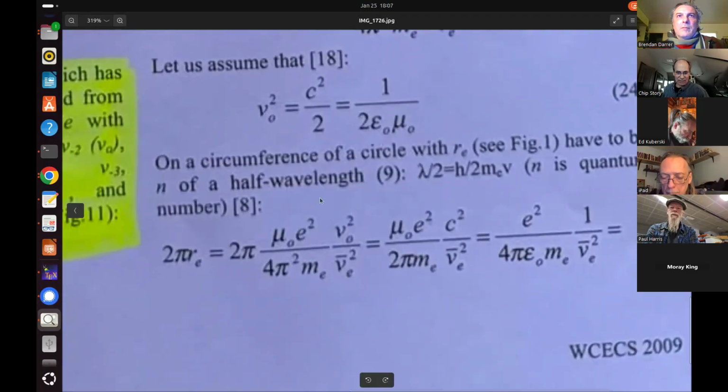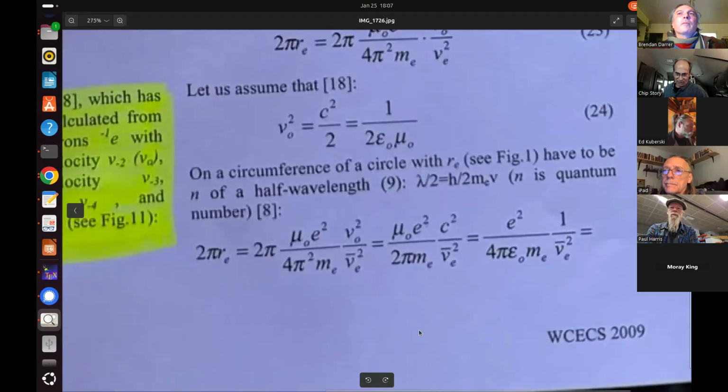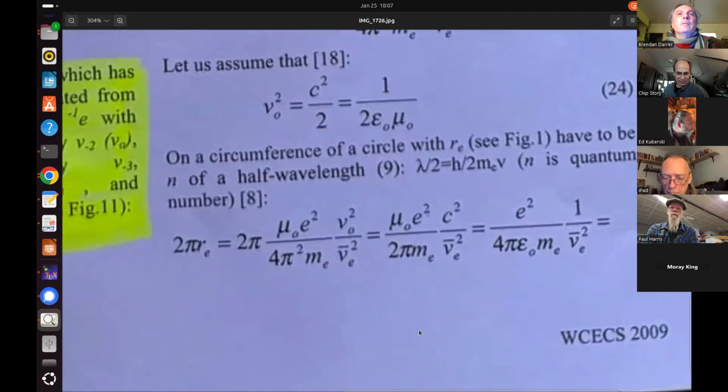N is a quantum number. And then we have almost a path integral here, describing in a polarized field 2 pi r sub e.